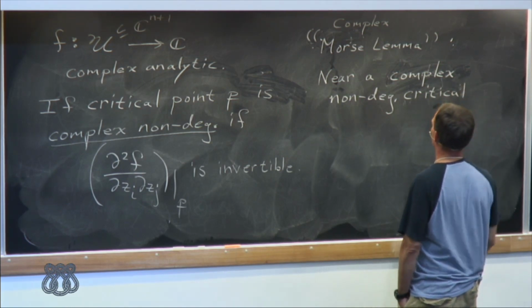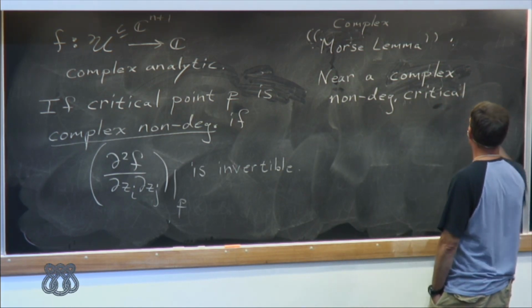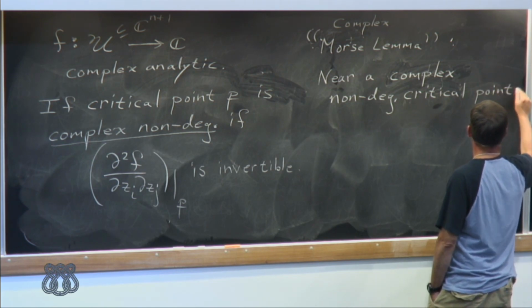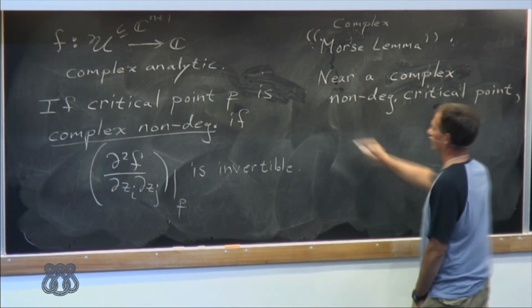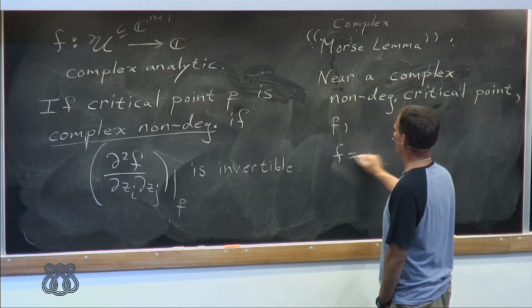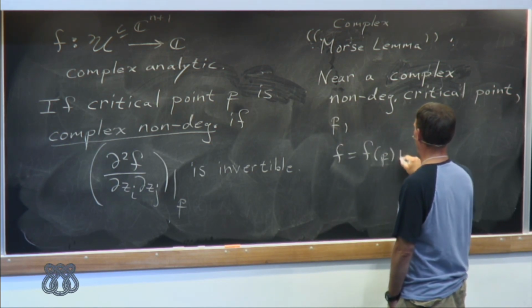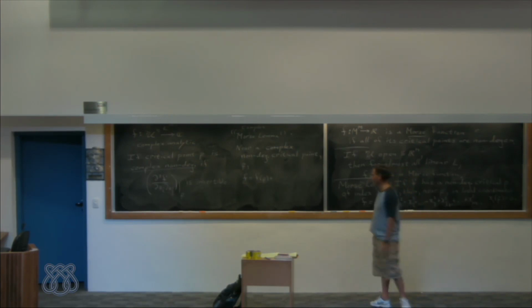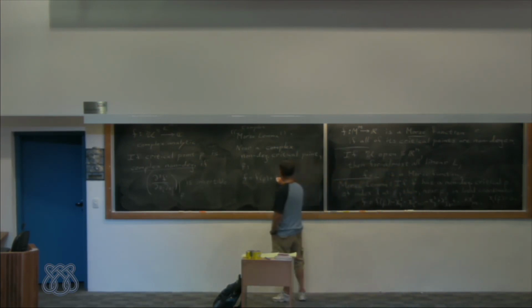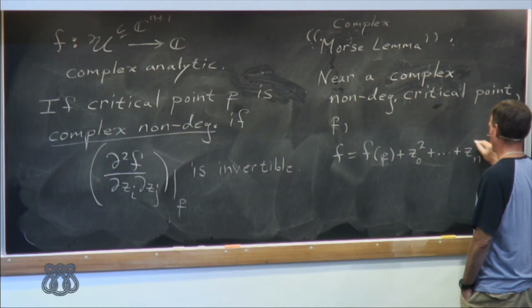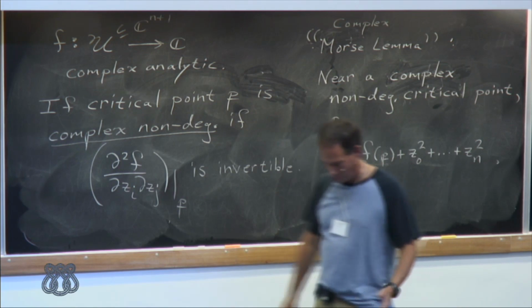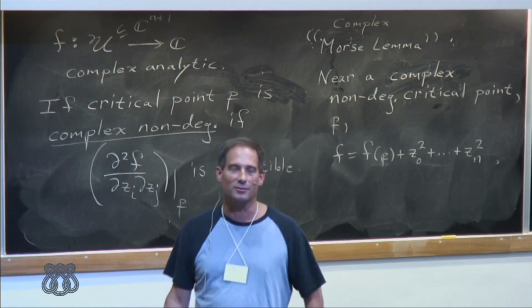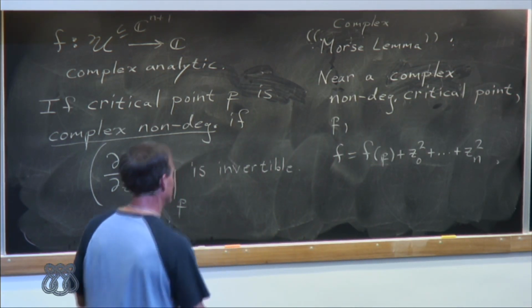Well, there's good reason for that. Near a complex non-degenerate critical point P, F equals F of P plus, well, plus and minus don't matter in the complexes. After an analytic change of coordinates, you can make them all pluses if you want. It looks like this. There is no index. They're all pluses. Well, that's kind of annoying.